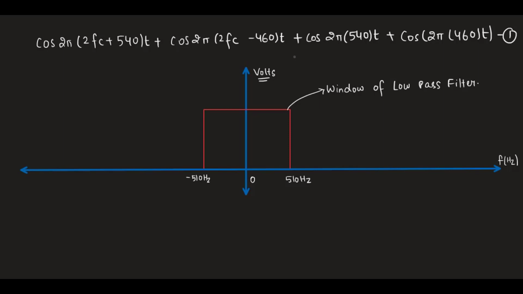Calculating the Fourier transform of the above expression, we see that the first term has a frequency of 2fc + 540, and since fc is 1 MHz, it has a very high frequency of 2 MHz + 540 Hz. So it gives two impulses which lie outside the window of the low pass filter.